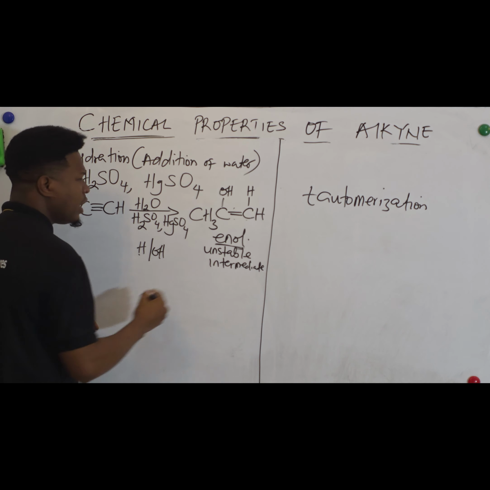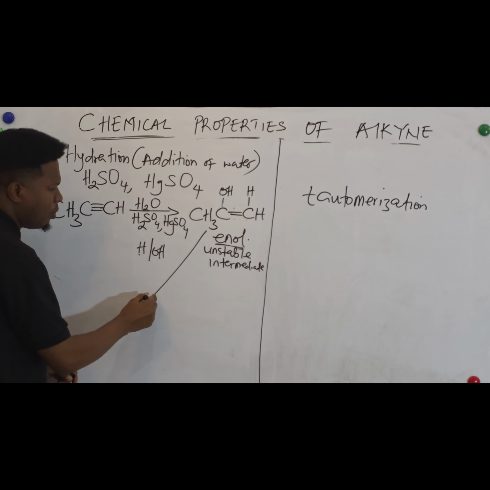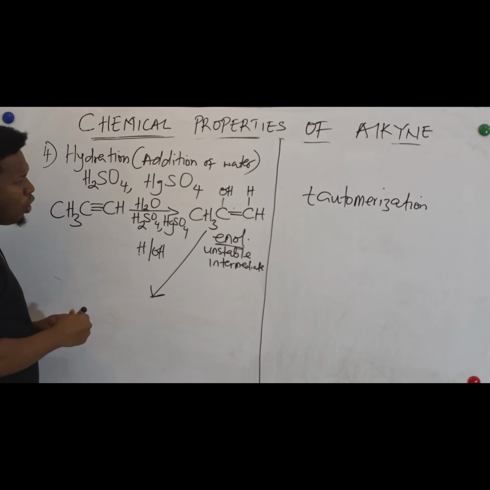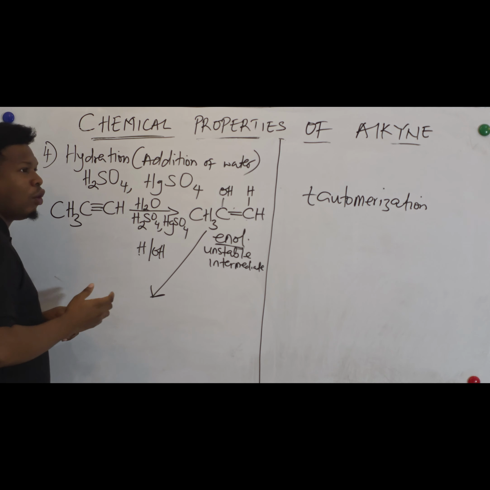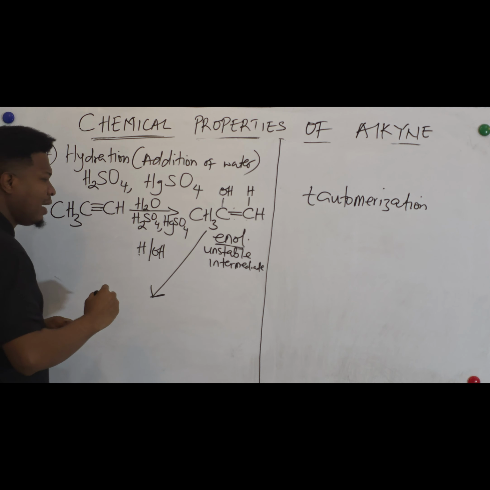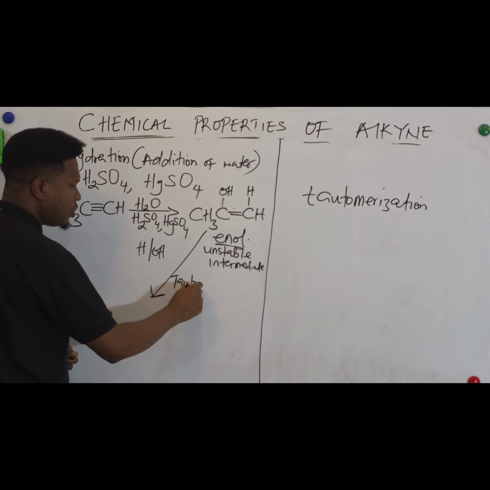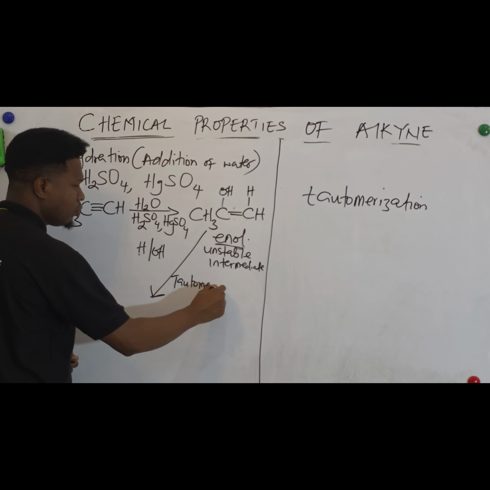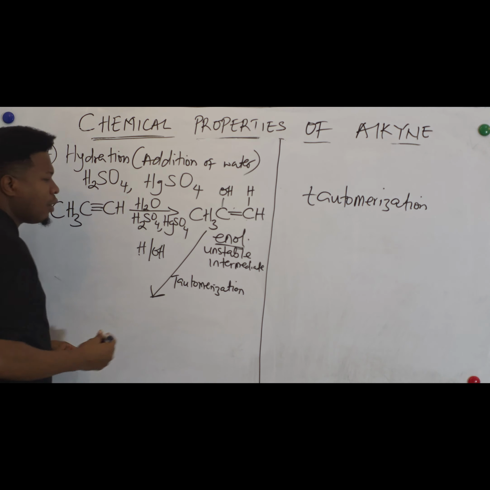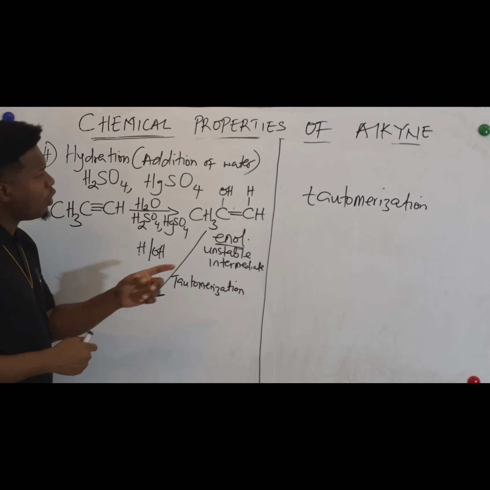I'll complete the reaction here. This enol will undergo a form of rearrangement, and that rearrangement is what we call tautomerization. Tautomerization is simply the rearrangement of the proton.